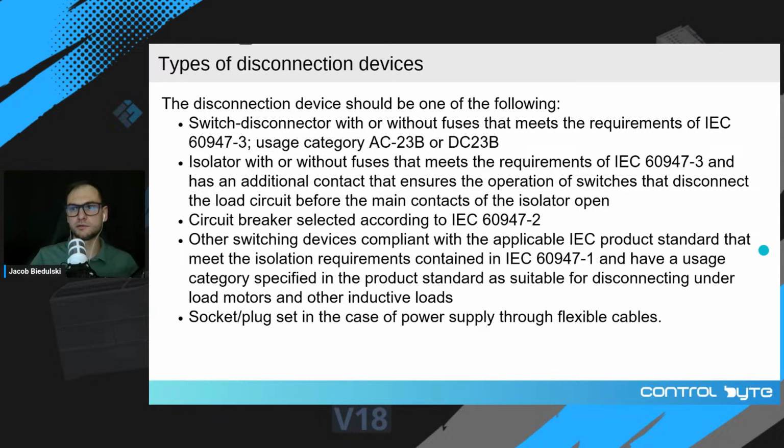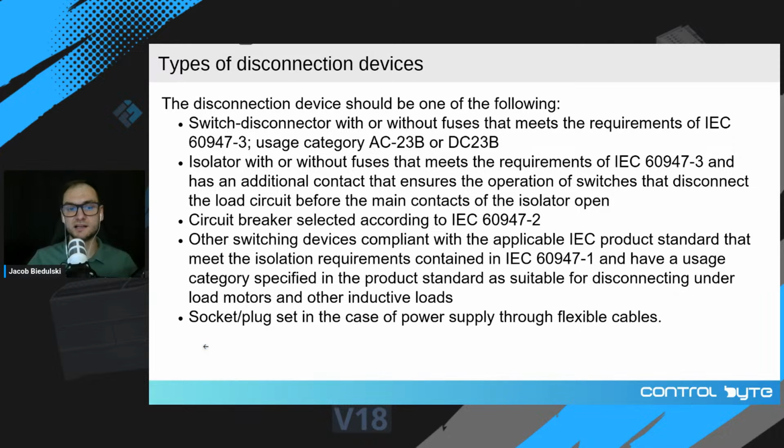We have also some guidelines for using disconnecting devices for the main switching function of the machine. We can use a switch disconnector, isolator, circuit breaker, or other switching devices compliant with the IEC product standard that meet the isolation requirements contained in IEC 60947 Part 1, and have a usage category specified in the product standard as suitable for disconnecting under load motors and other inductive loads.